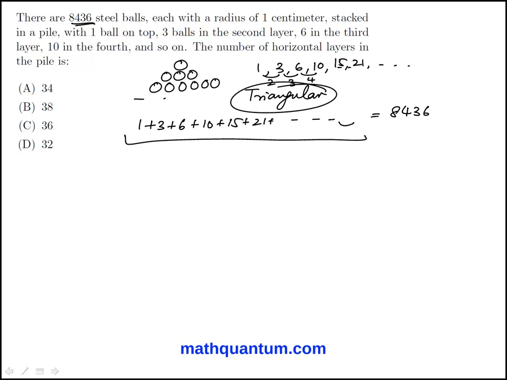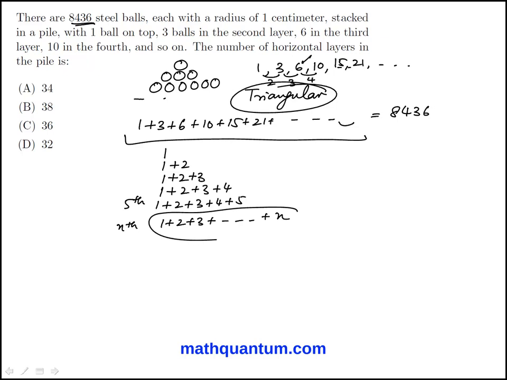If you notice here, 3, because we're adding just 2 more to it, so the second term is 1 plus 2, and then we add a 3 to it to get the third term, and then the fourth term would be we add 4 to it. So you'll notice that the nth term is the sum of the terms up to that position. So fifth term would be 1 plus 2 all the way to 5. So nth term would be 1 plus 2 plus 3 all the way to n.